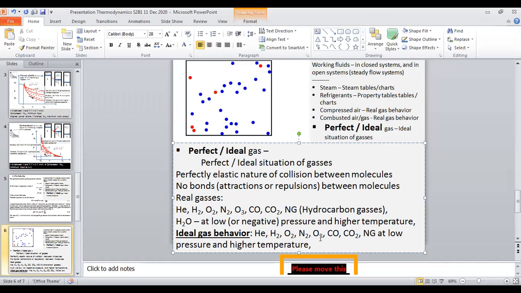In the upper levels of the atmosphere, pressure is very low. All the gases there show some ideal behavior.